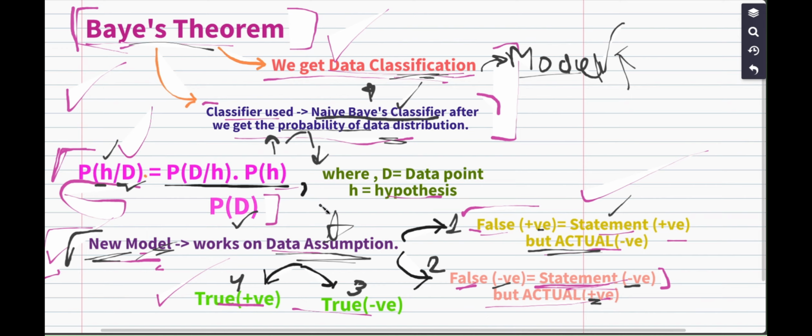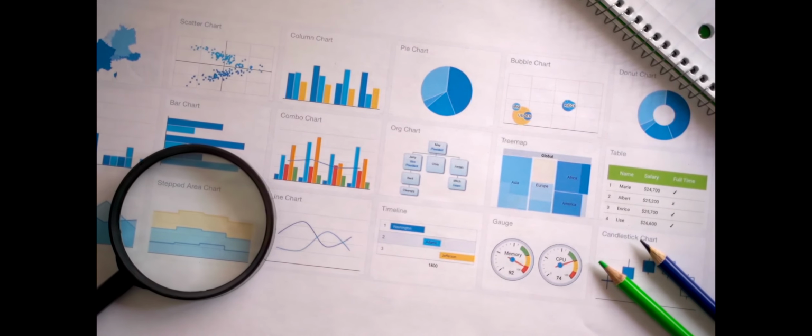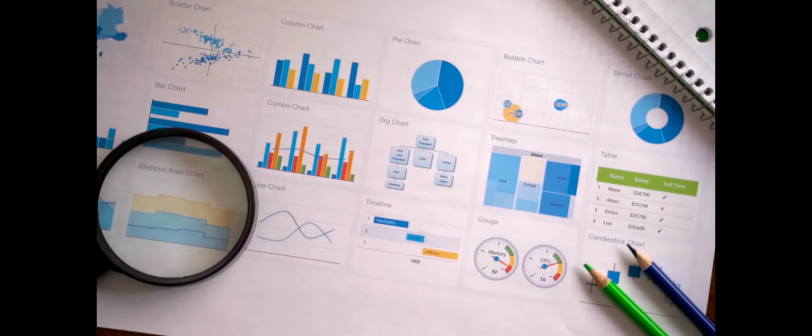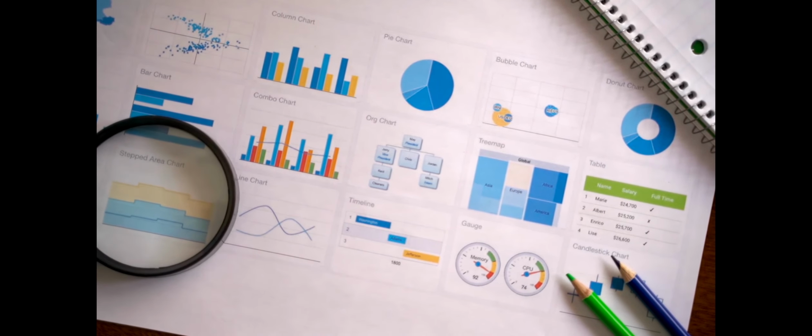It's not like a model is a machine and it will not make any mistake. The machine is a very dumb thing, right? So it also makes some mistakes and gives us the wrong output. So we can say that the test is either false positive or false negative, right? So that means that a new model works only on the principle of data assumption.